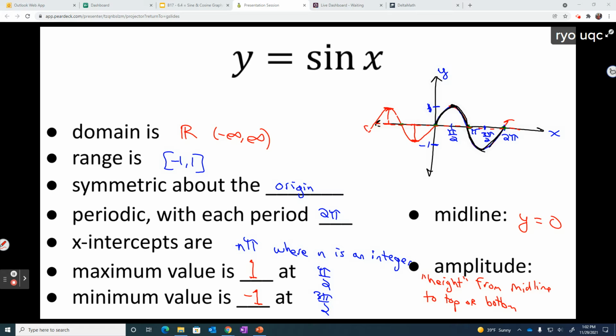So it's always positive. With our parent function here, the amplitude is 1. It's from the middle to the top and the middle to the bottom is 1. So we say A equals 1. And that's about all you could say with the parent function there and the sine.